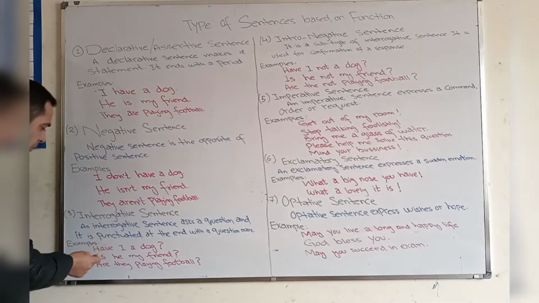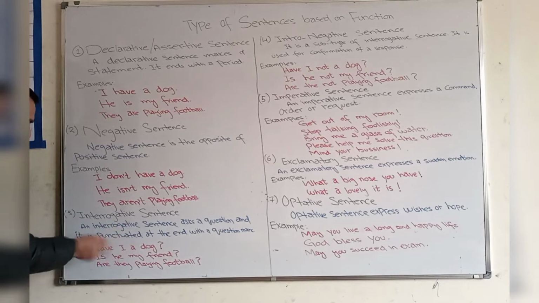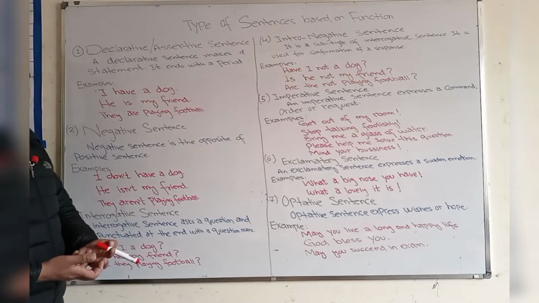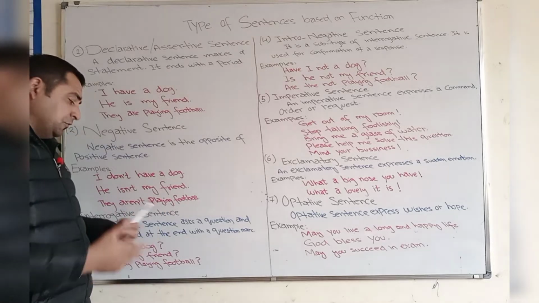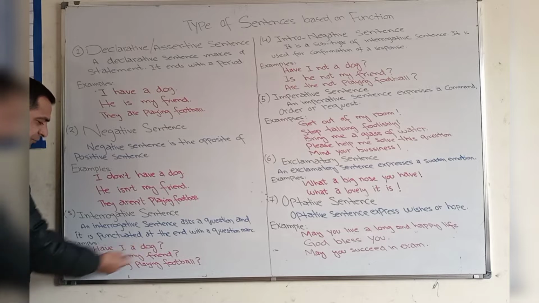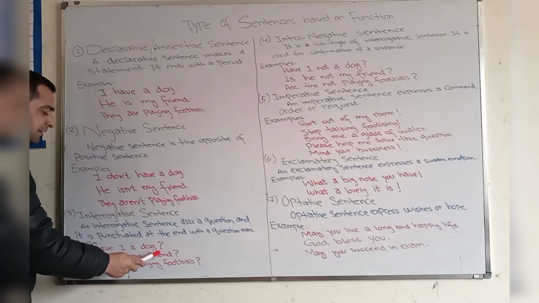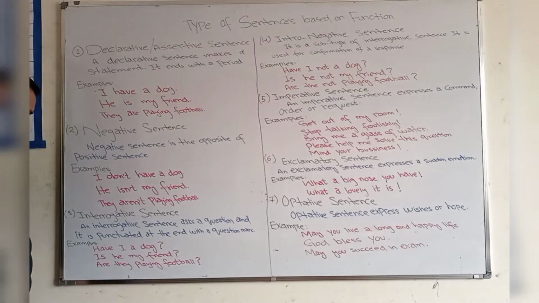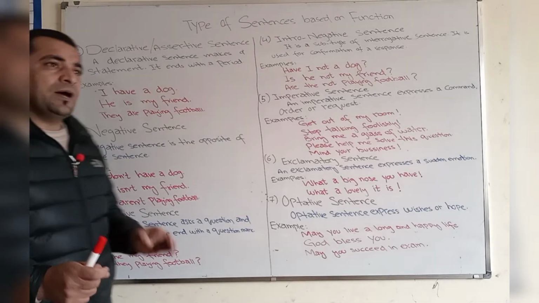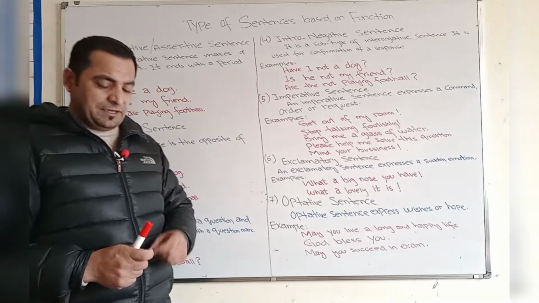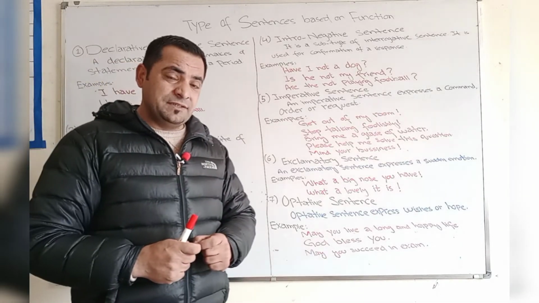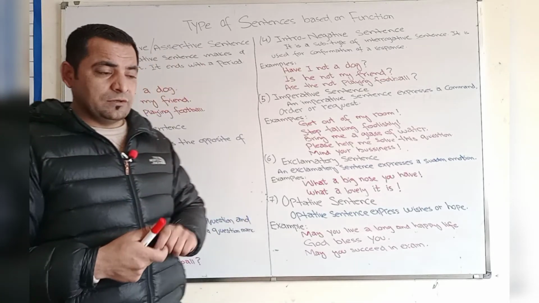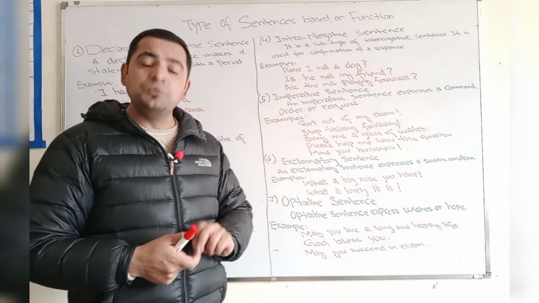So simply what has been done? The helping verb you need to put at the beginning and it will convert it into a question. And remember, each of the sentences concludes with a question mark. All right. So in case there is no helping verb in the sentence, you need to rely on the tense. If the sentence is in the present tense, you are expected to use do and does.